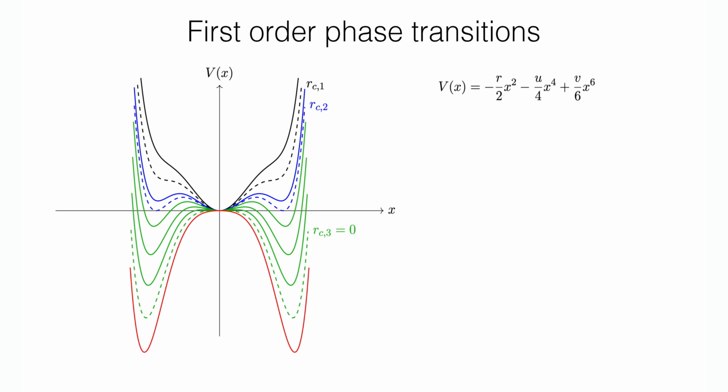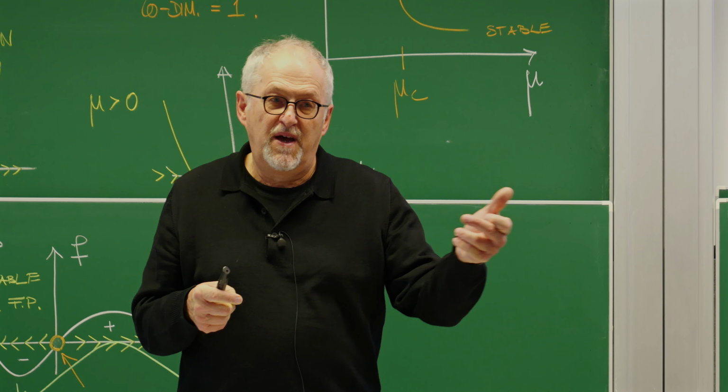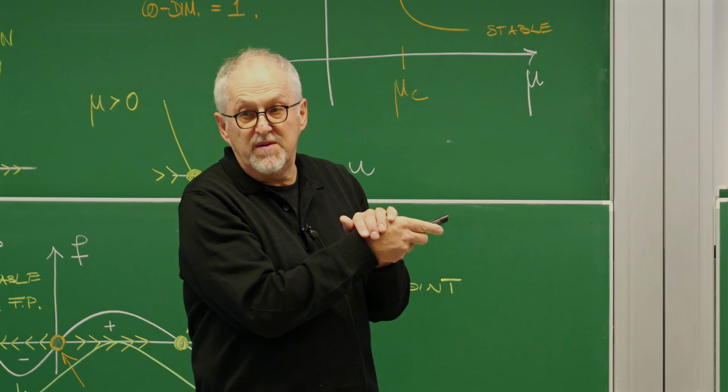And now you start lowering the value of R even further, and you notice there's another critical value called RC2, where the side minima are equal height as the minimum in the middle. And now things really change thermodynamically, because as you lower R even further and go deeper into the low temperature phase, the side minima are those that have the lower free energy, so the system will flip and go to the thermodynamic ground state, which are the side minima.